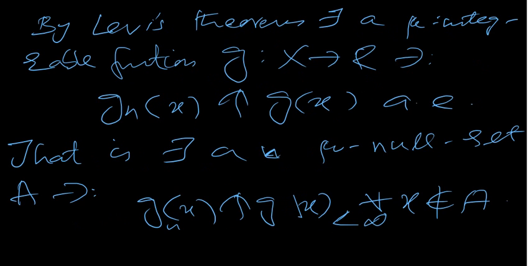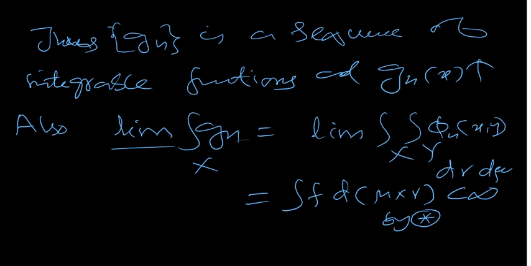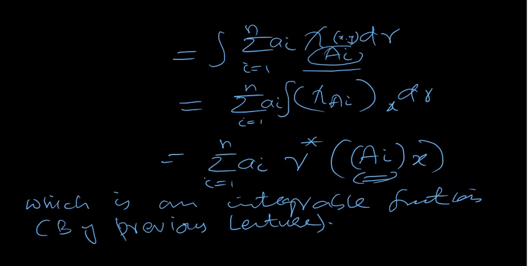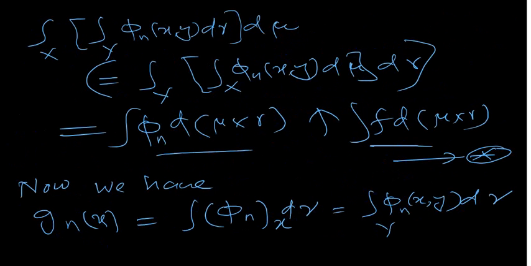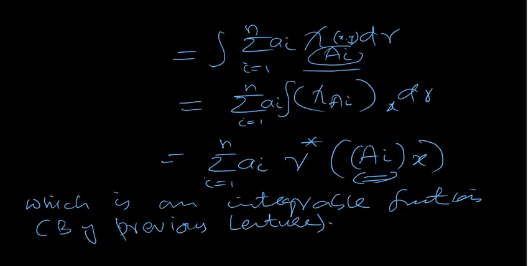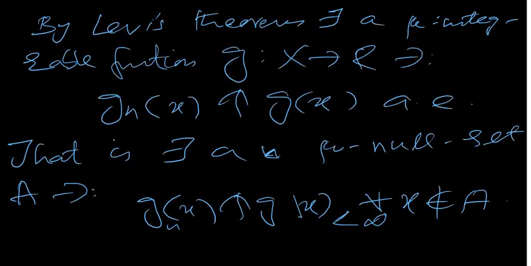Here you can see this g_n(x) is actually the integral. What's g_n(x)? You can see it on the previous page. g_n(x) is the integral of phi_n x with measure nu.